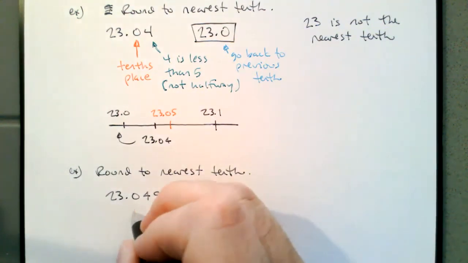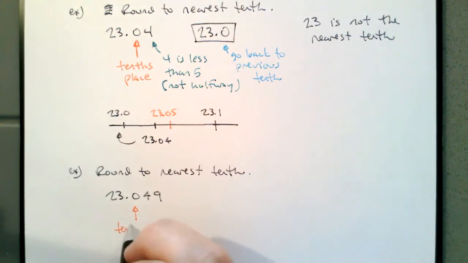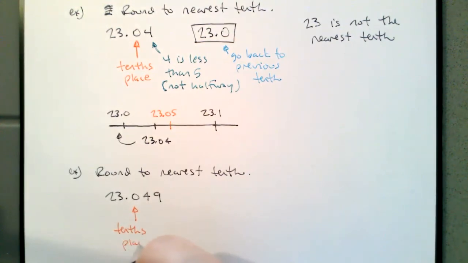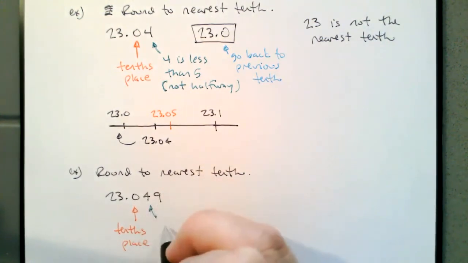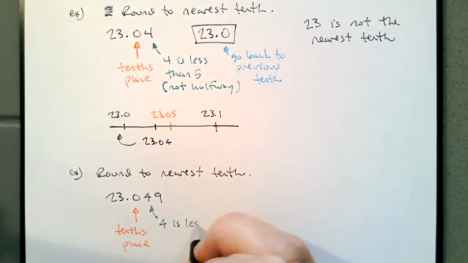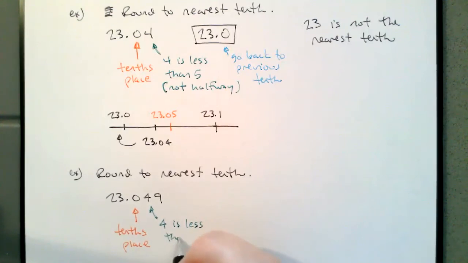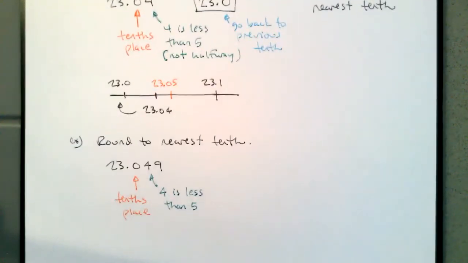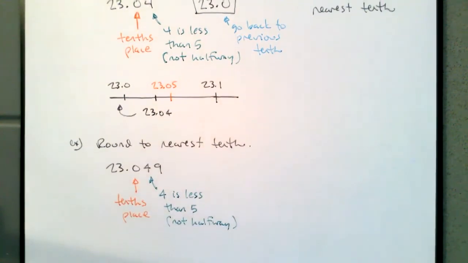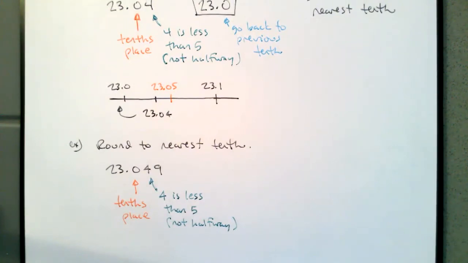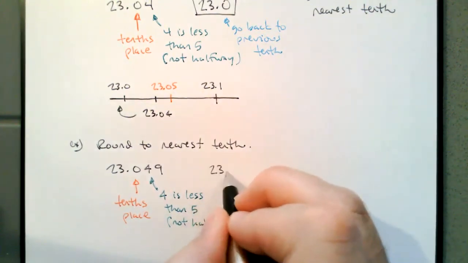0 is the tenths place. And 4 is less than 5. We are not halfway. So rounded to the nearest 10th, this is still 23.0.